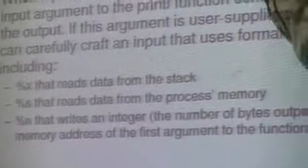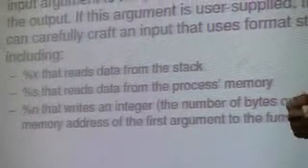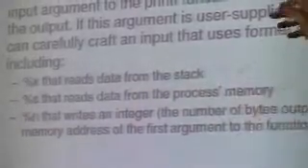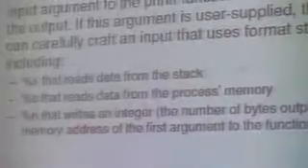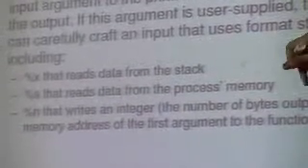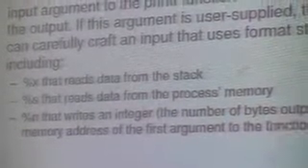So if I say printf %x, like what I showed there, it will try to read from the stack and print the contents of the stack. Okay? If I say %s, it tries to read data from the processor's memory. We'll see an example of all these things. Then %n tries to write, once we go to the example, we'll understand that. Okay, let's start with this.